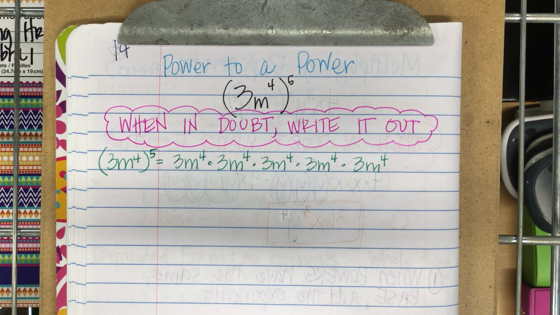Do you agree? Because that is 3m to the 4th to the 5th. It's 3m to the 4th 5 times.